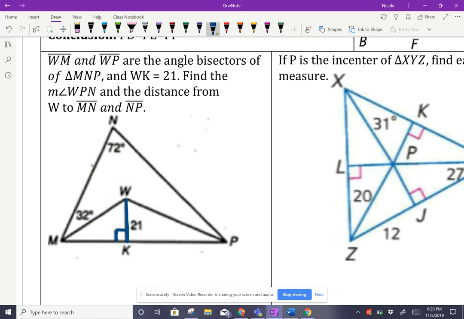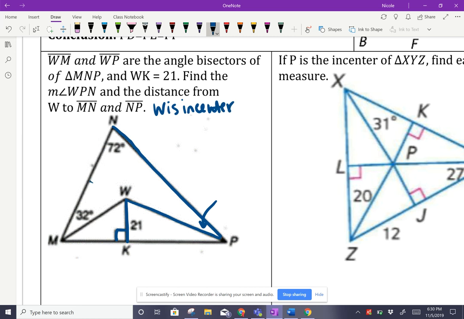So WPN. So this angle over here, kind of messy. I'm looking for this guy here. And the distance from W to MN and NP. So remember, the distance from the incenter W, W is the incenter, is going to be congruent.